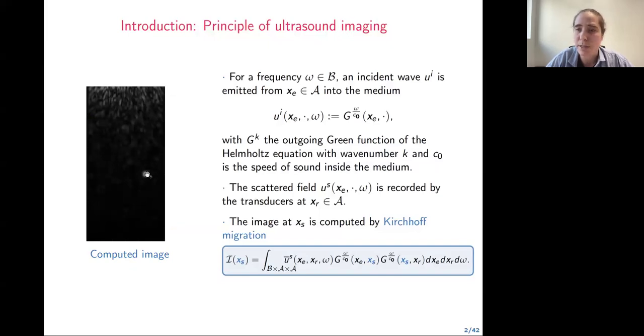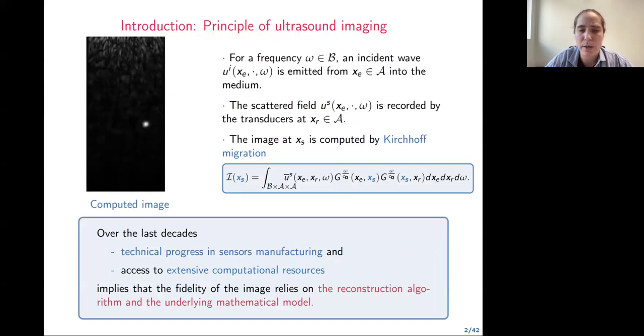You see that you have a bright spot here that created this reflected wave, and also tiny scatterers in the medium. Over the last decades, there has been a lot of technical progress in sensor manufacturing, and now we have access to extensive computational resources. So the limitations in ultrasound imaging are mainly due to the reconstruction algorithm and the underlying mathematical model of this algorithm.